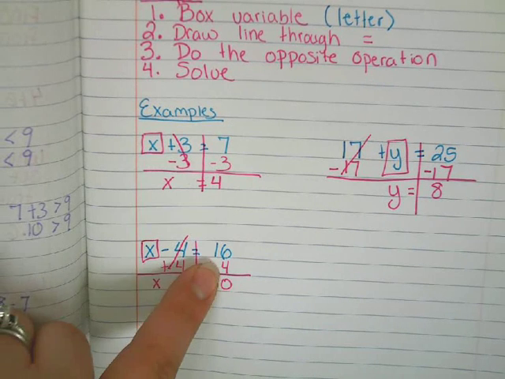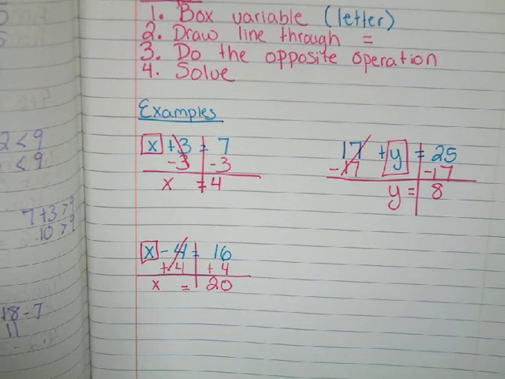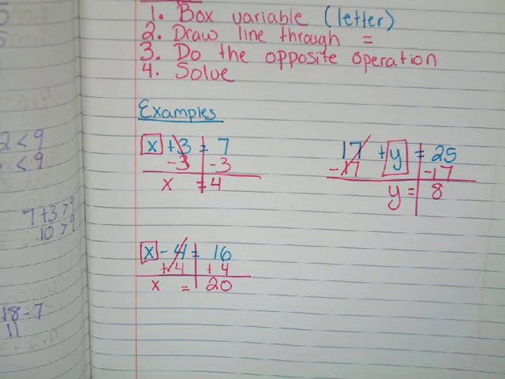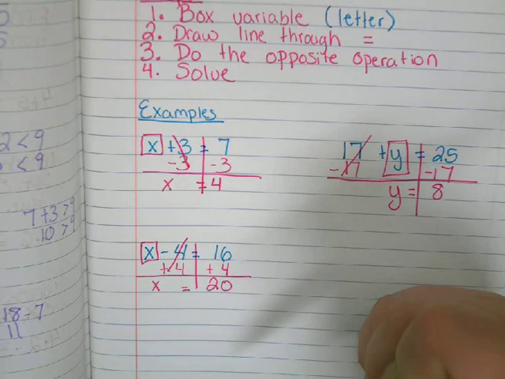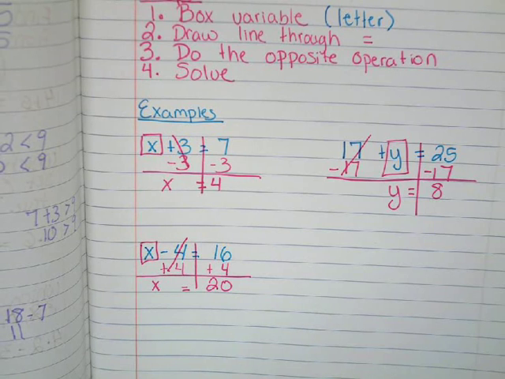So there's no reason you should miss a single one of these, because you can go back and check your work. How do you get to 20? Because 16 plus 4.